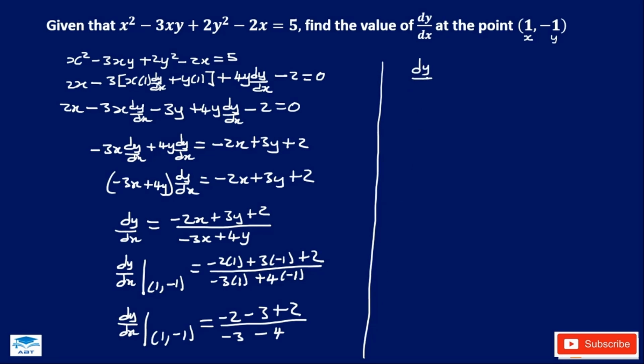So dy/dx at the point (1, negative 1) is equal to negative 2 minus 3 plus 2 is negative 3. And negative 3 minus 4 is negative 7. So dy/dx at the point (1, negative 1) is equal to, the negative will cancel out and we have 3 over 7.